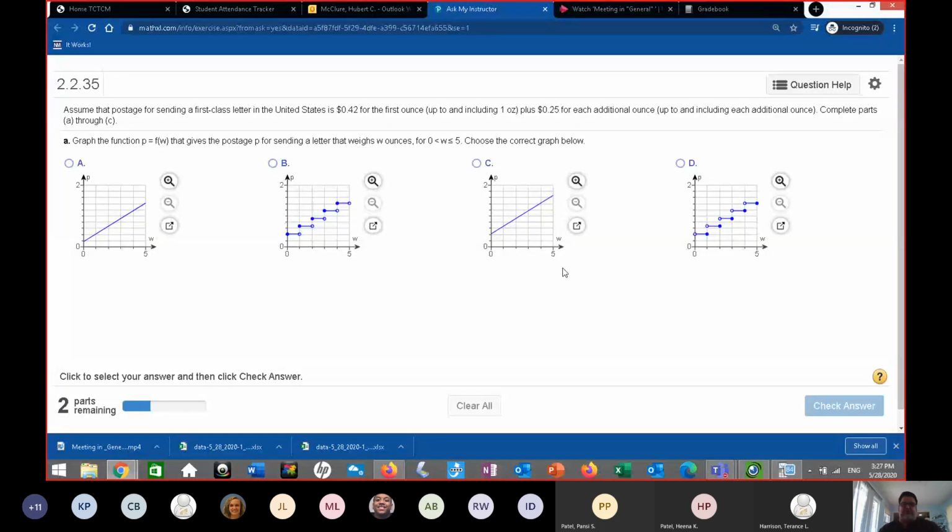So I would say it's going to be D, partly because it says the postage sent in a first class letter is 42 cents for the first ounce, up to and including 1 ounce. Up to and including means you got the dot on the right. So it's not going to be this one because that's an open circle. It's going to be this one.